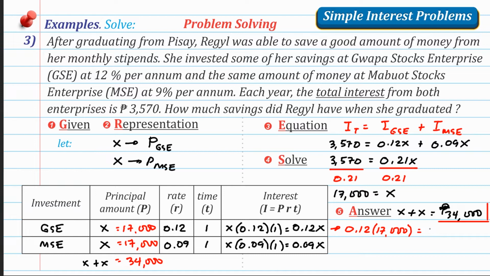Multiplying, it's equal to 2,040. Now, magkano ang kinita niya dun sa MSE? So, it's 0.09 times the principal there, 17,000, is equal to 1,530. Do the math. Now, if we add them, it's equal to 3,570, which is equal to the total interest given. Our answer must be correct.